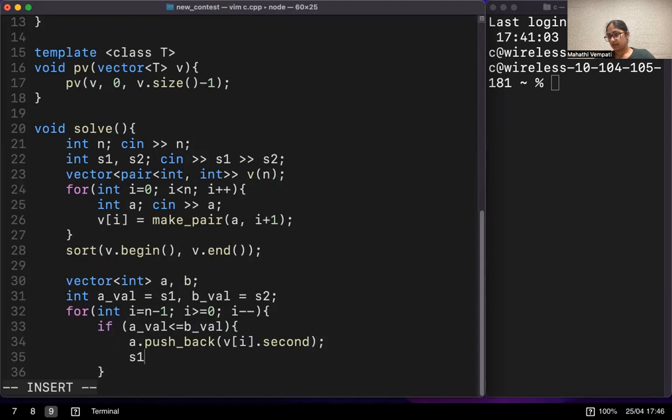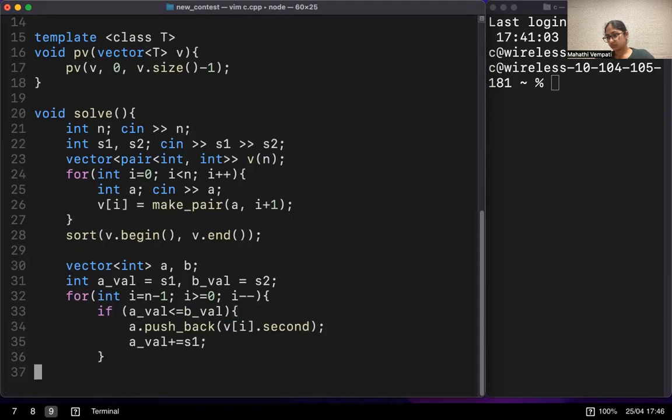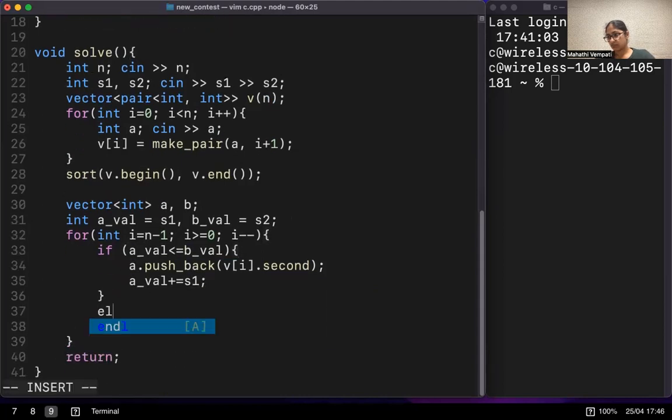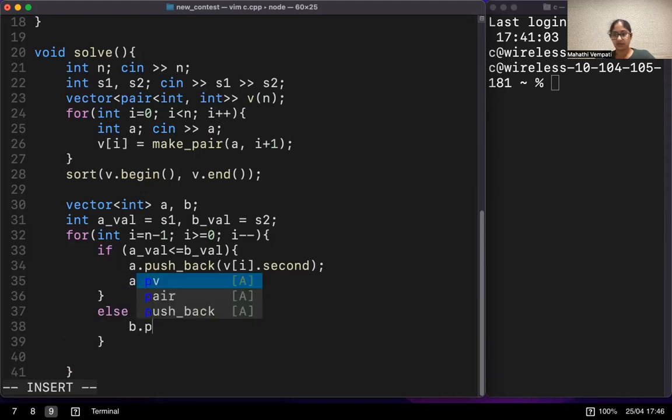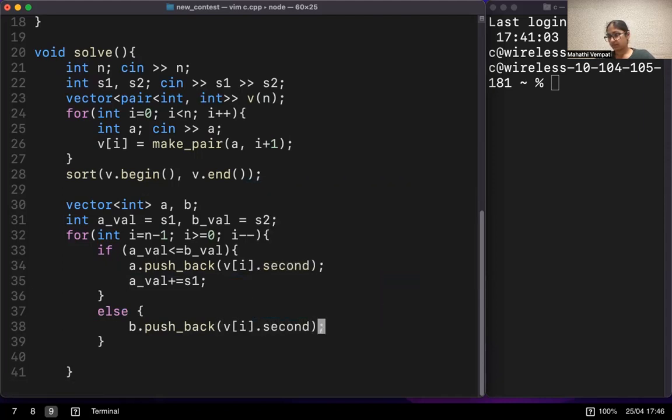Okay. S1 eval plus equal s4. Else b dot push back v apply dot second b1 plus equals this.